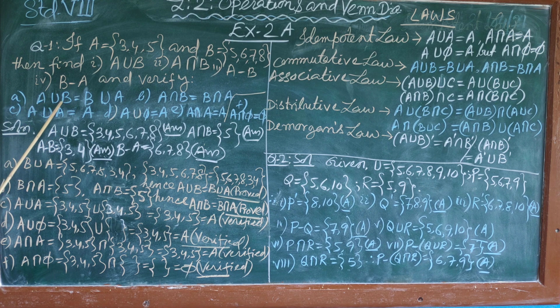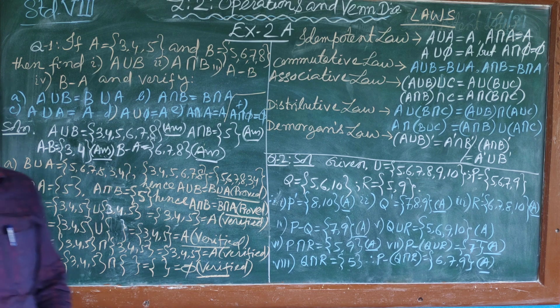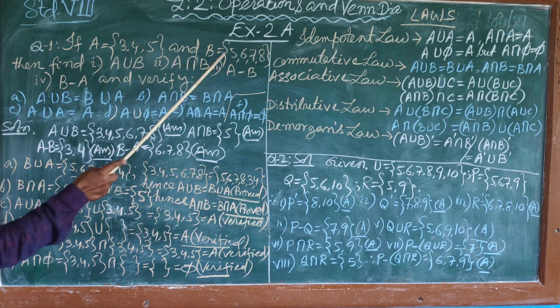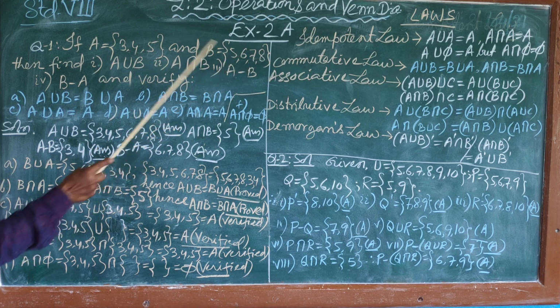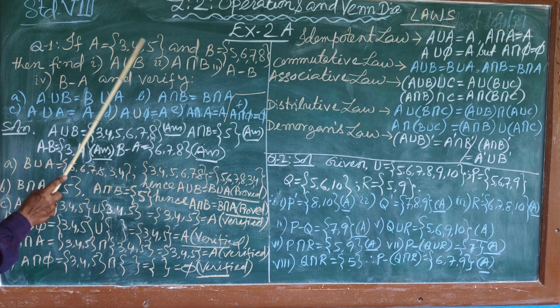So A union B, you have already taken the value. This is the set, these are the elements. Now take out B union A. You just combine all the elements of both the sets without repeating. You will find 5, 6, 7, 8, 3, 4, and 5 will not be repeated.